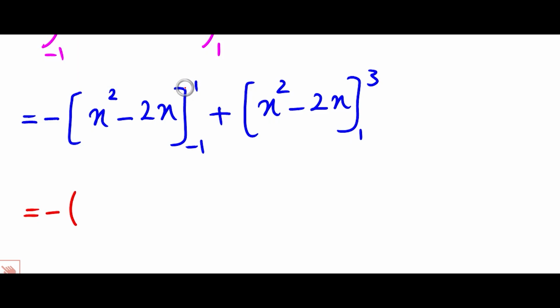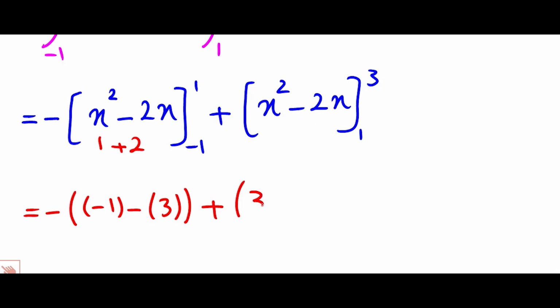negative, if x equals 1, so we have 1 minus 2 is -1 minus if x is -1, so we have -1 squared is positive 1, and if x equals -1 is plus 2 is positive 3, plus if x equals 3, so we have 9 minus 6 is 3, minus if x equals 1, so we have 1 minus 2 is -1, right? -1 minus 3 is -4, times -1 is positive 4, plus 3 minus -1 is 4, so we have 8.